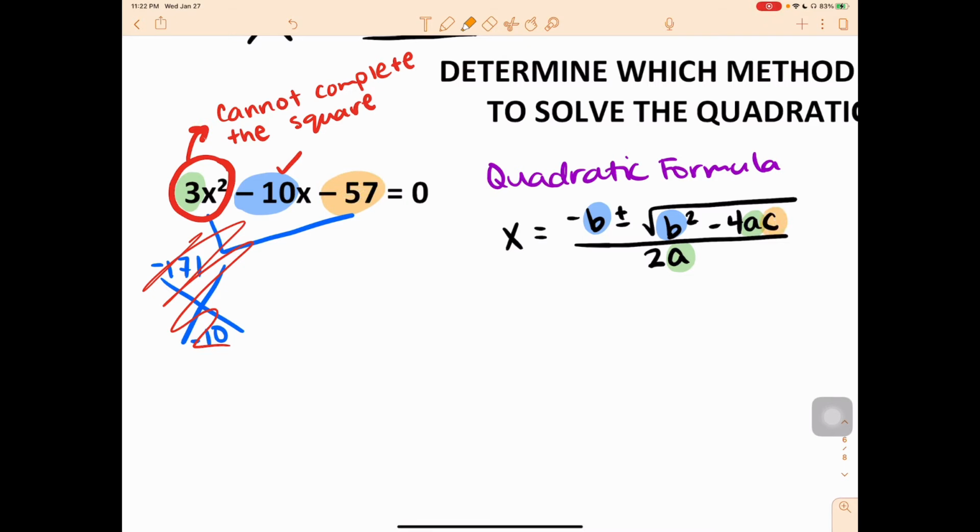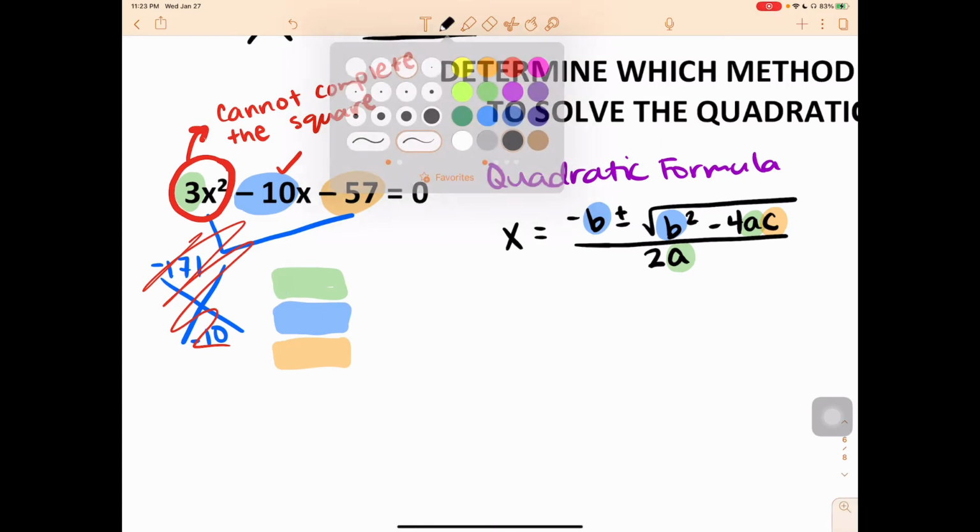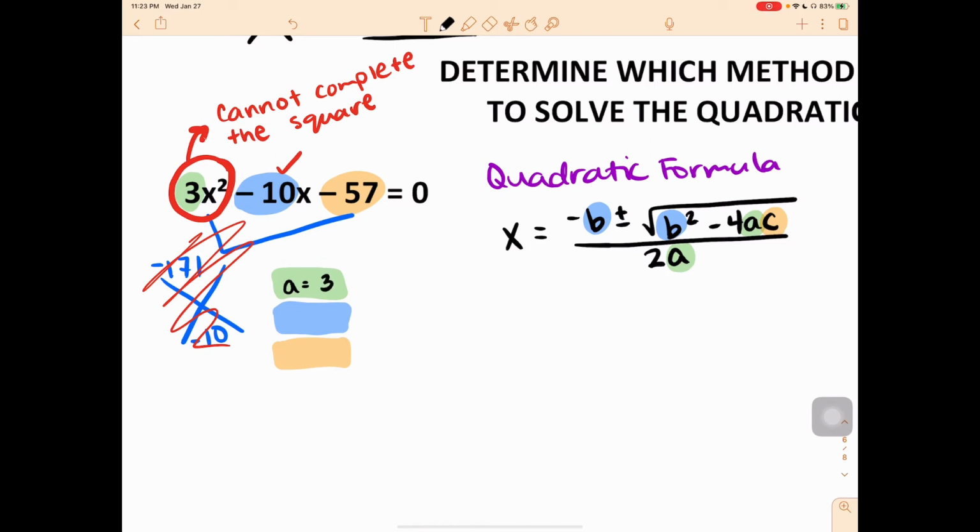Okay? So I'm going to go ahead and also set up this little thing here with each of my colors. So this is always your first step, is to write out the formula and identify A, B, and C right away. So we know A equals 3, B equals -10, and C equals -57.